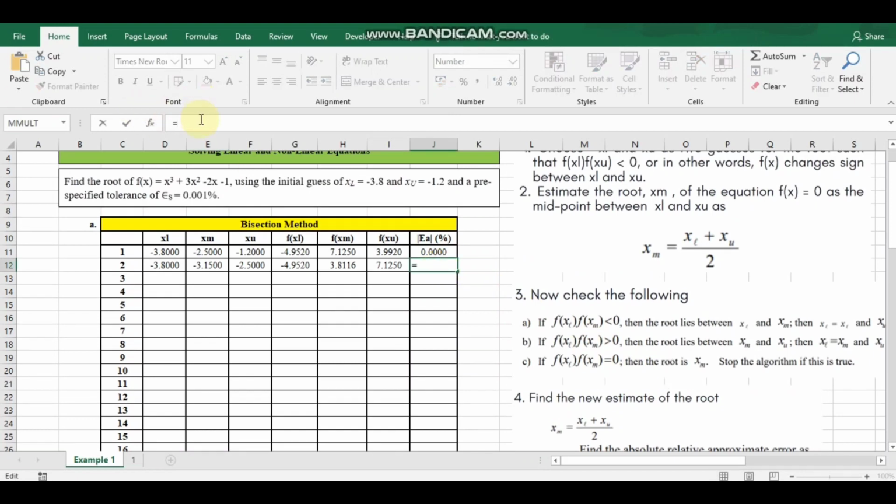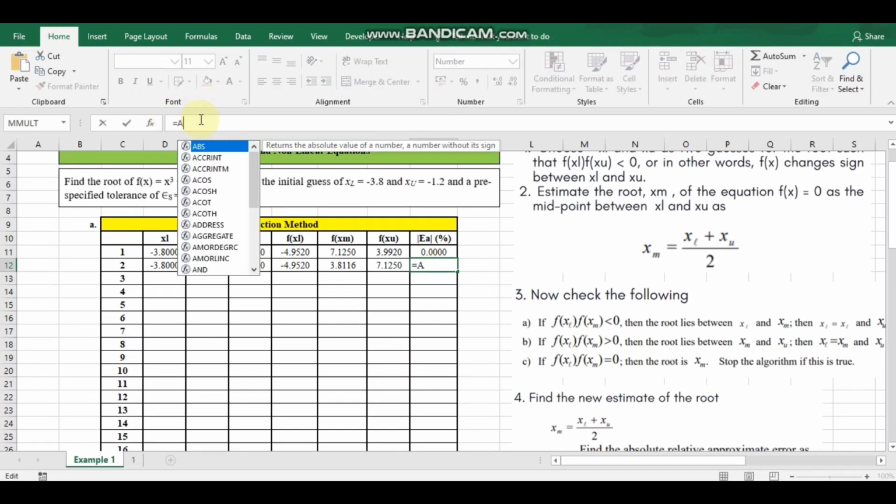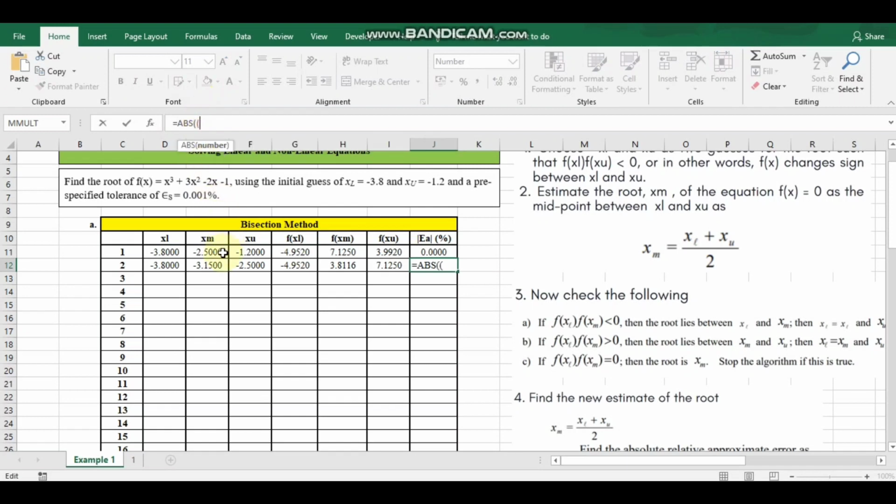It's equal to absolute of the present minus the previous iteration, divided by the xm of the present iteration, times 100. Enter. We have here 20.6349.